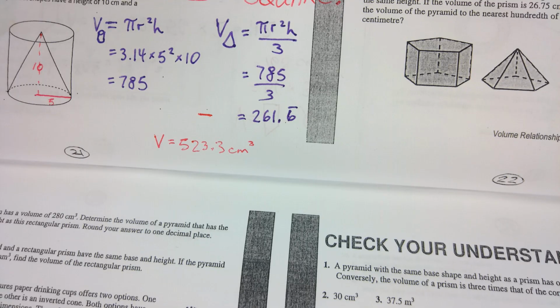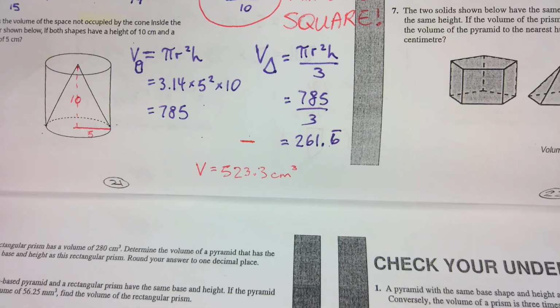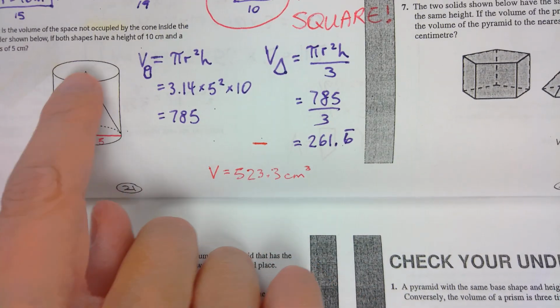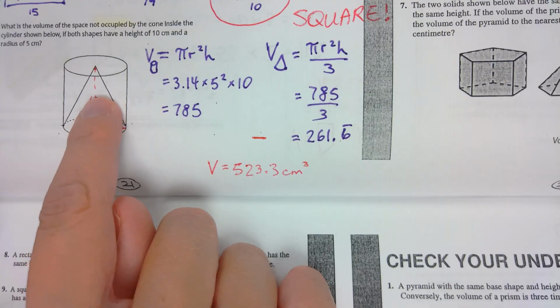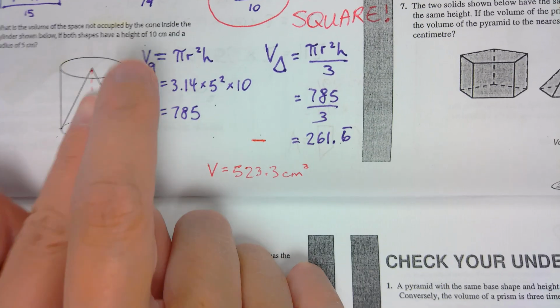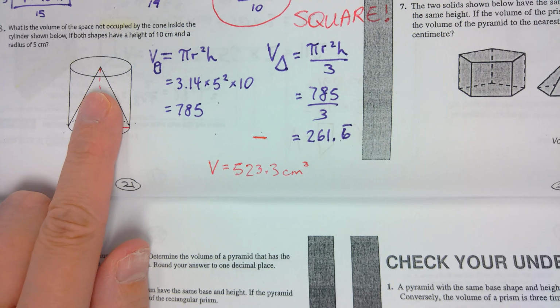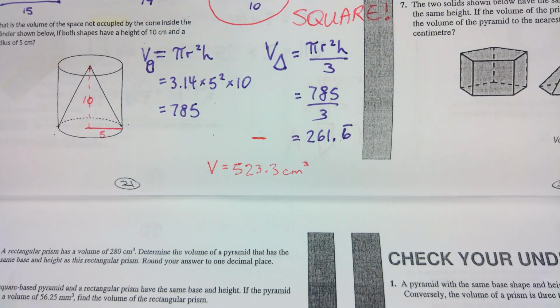You could, yeah, it does work. Because with the same logic, this is a third of the cylinder, so that means 2/3 of the cylinder is left in this cylinder. Good observation.